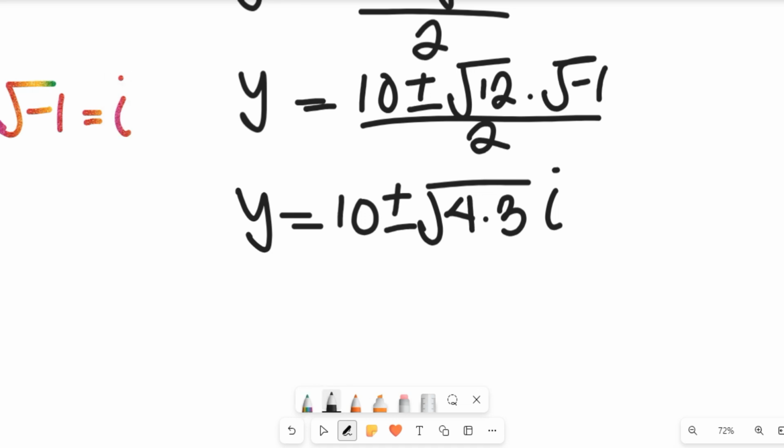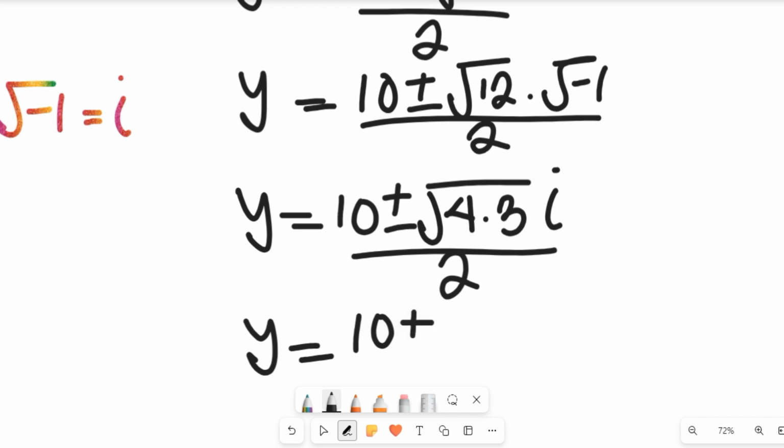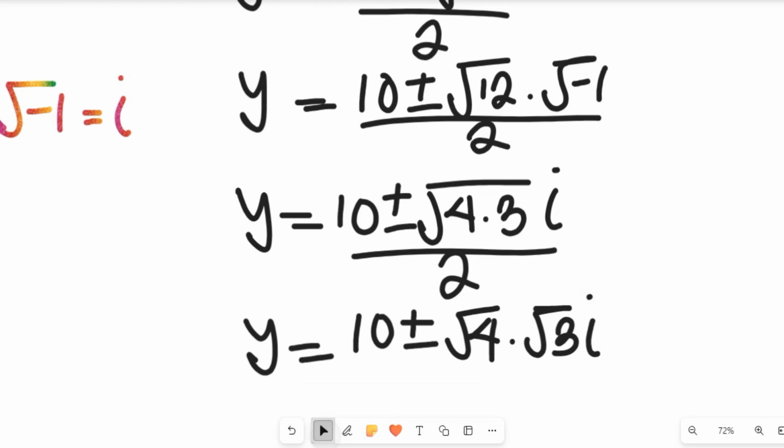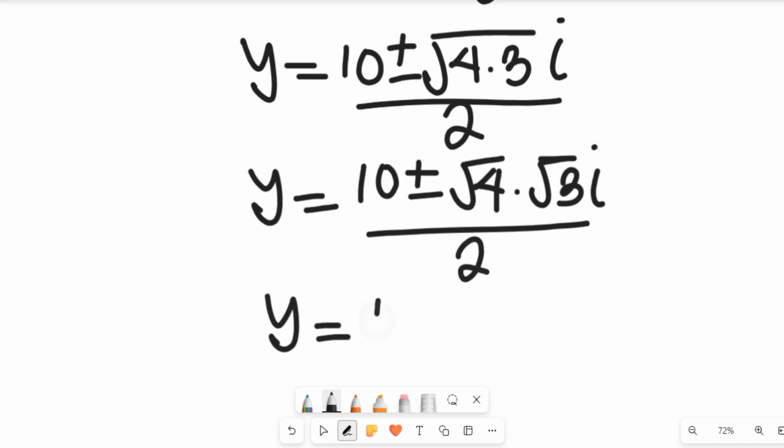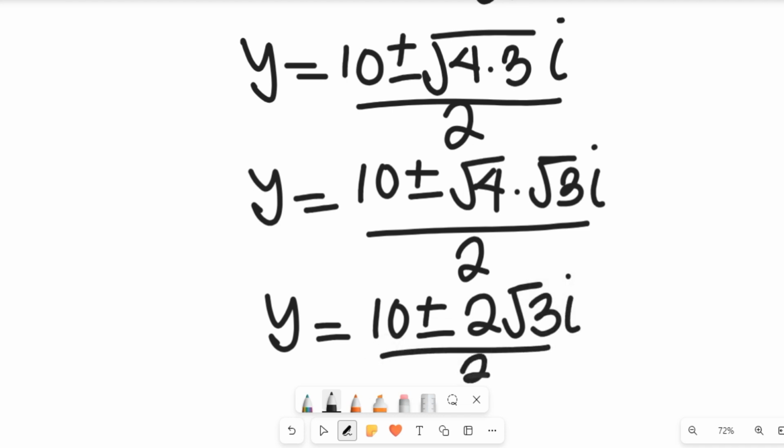So y will be equal to 10 plus or minus the square root of 4 multiplied by the square root of 3 imaginary, and all this will be divided by 2. So our y will be equal to 10 plus or minus 2 root 3 imaginary, all divided by 2.